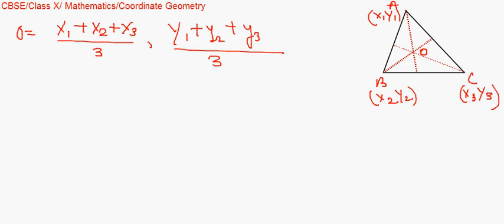A direct question under this centroid of triangle formula simply gives you the xy coordinates for A, B and C respectively, and you are supposed to calculate the coordinate for O by applying the formula which I have written.